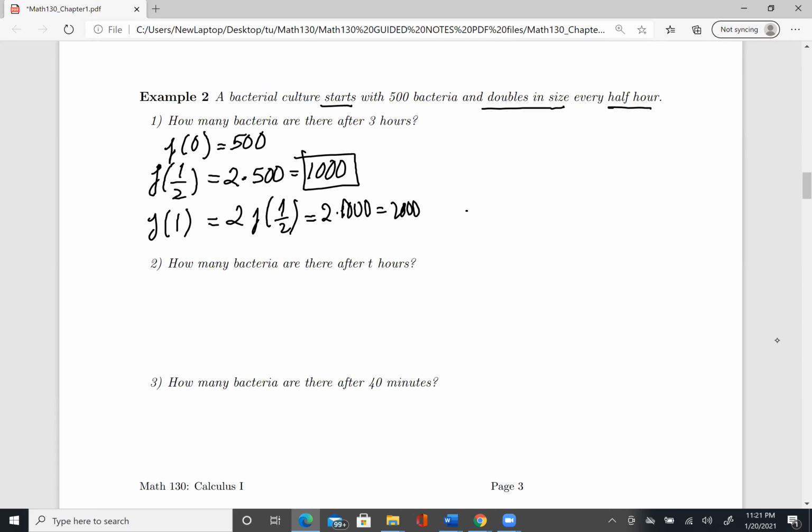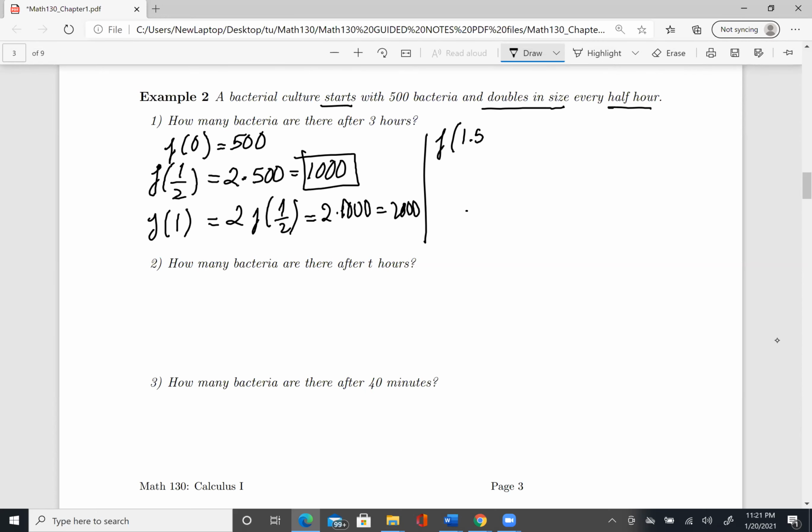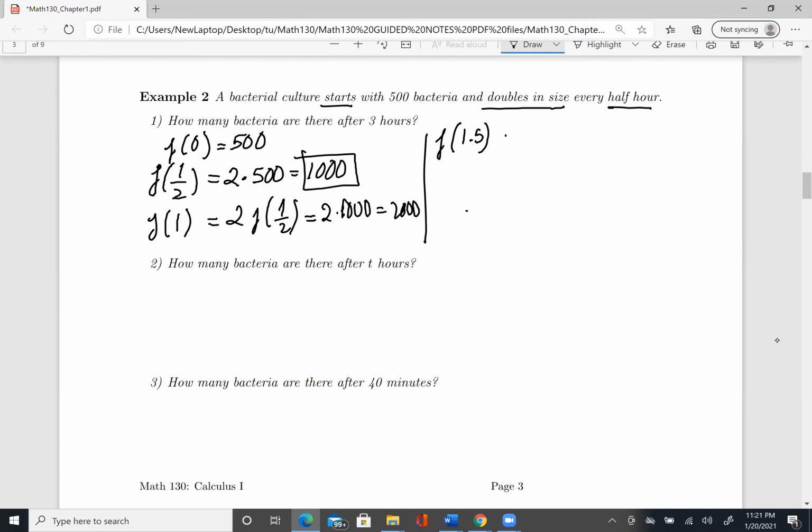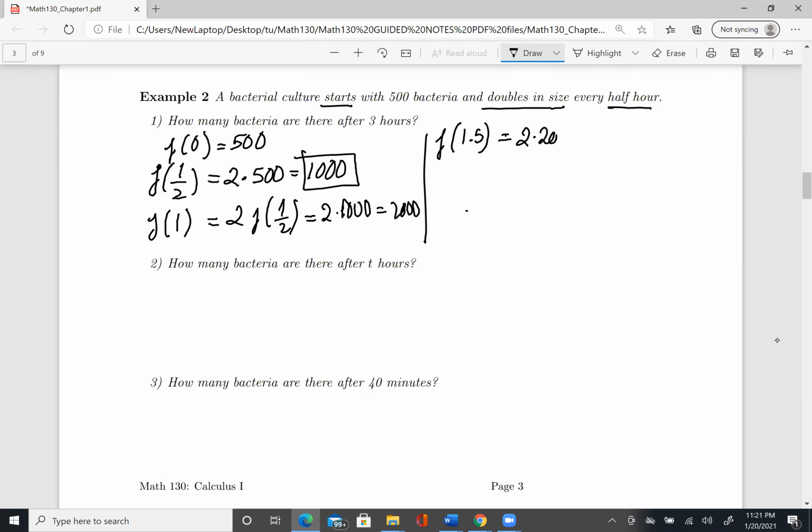What else? Now F of 1/2, or I say 1.5. Then that's going to be equal to 2 times 2000, which equals 4000.